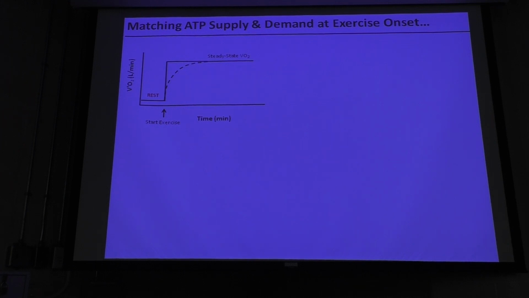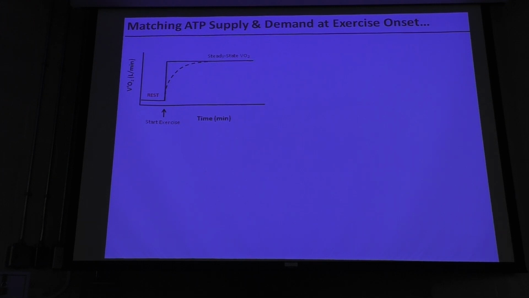You have a VO2 demand, which is an immediate step increase, which would be the activation of oxidative phosphorylation. But you don't have an immediate increase in VO2.